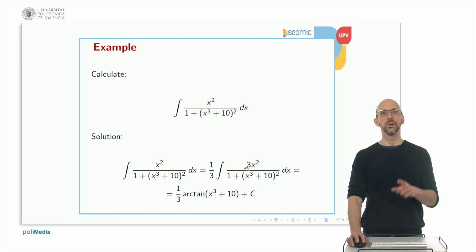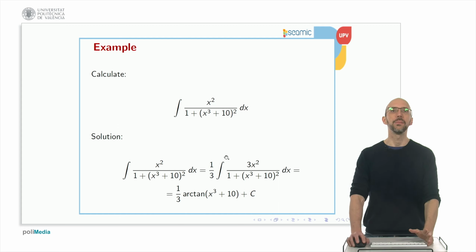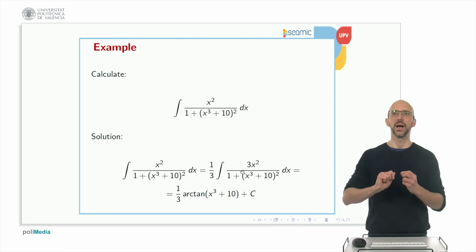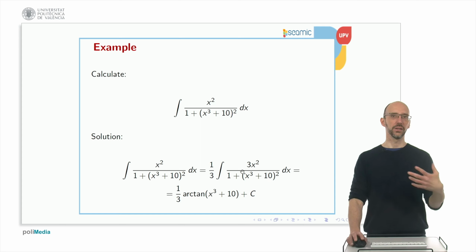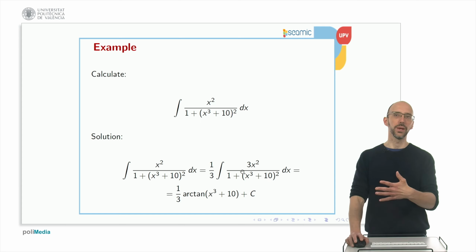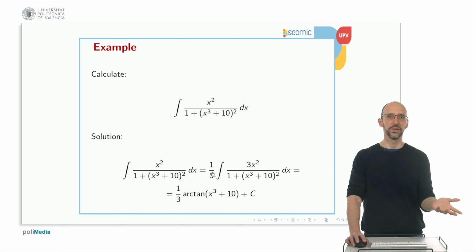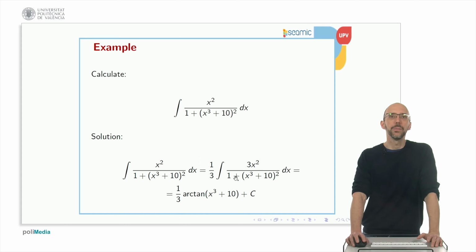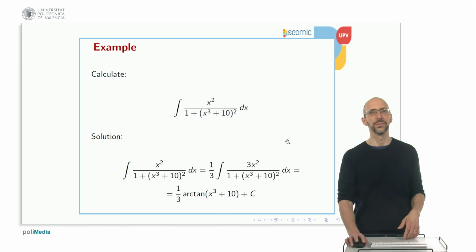So what I'm going to do, I'm going to add the 3 in here, and I'm going to multiply by 1/3 outside just to compensate. If I multiply by 3, I need to divide by 3. So that is the reason I just put 1/3 outside. So now I have 1 plus a function squared, and on top we have the derivative. So this is the arctangent of x cubed plus 10, multiplied by 1/3 because I just needed this 1/3 to compensate the 3.